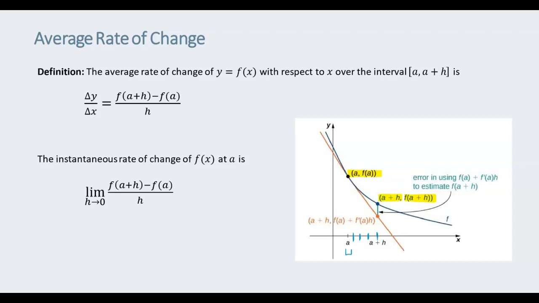So what we're essentially doing is taking the distance h and shrinking it down to 0. That's where the limit comes in. If those two points are very, very close together, I'm approaching this limit. I never get exactly to it. I don't want A and h to be the same, right? Because then there's no distance between them. But in theory, I want them to be the same so I can figure out what's happening at that particular point in time.